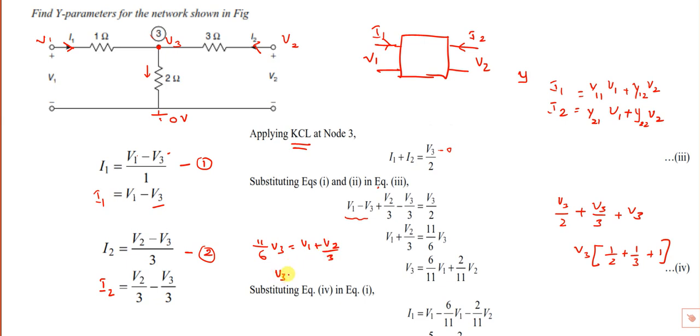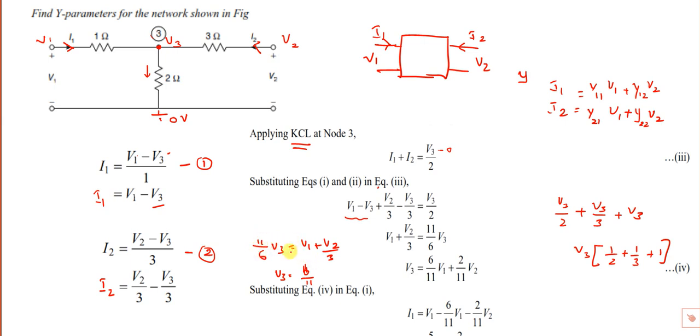So V3 is equal to, you cross multiply, 6 will go to here, 11 will come to here. So it is 6 by 11. This 6 will go to this side, this 11 will come down.